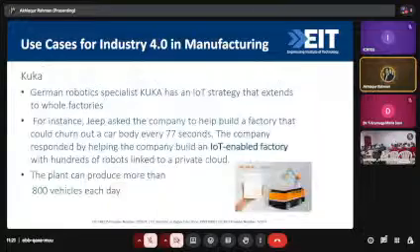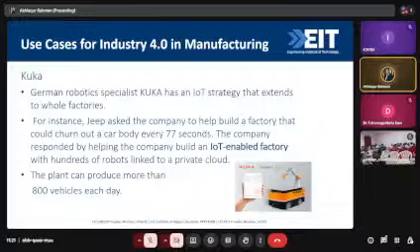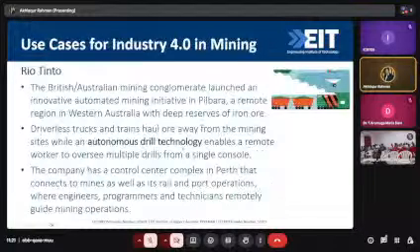They're the German specialist who has an IoT strategy, and previously they could churn out one car body every 77 seconds, and with an IoT-enabled factory, now they can do 800 vehicles in one day. So that's how data driven and efficient the technology is currently.